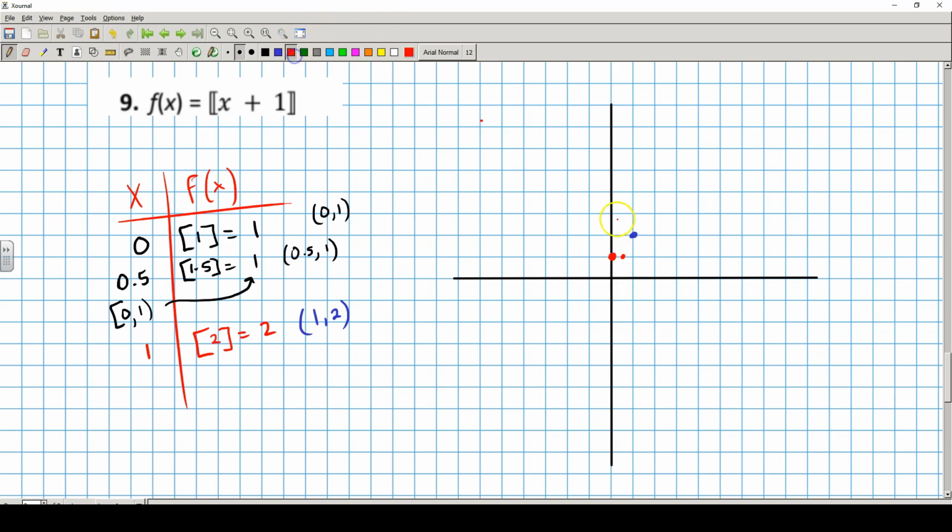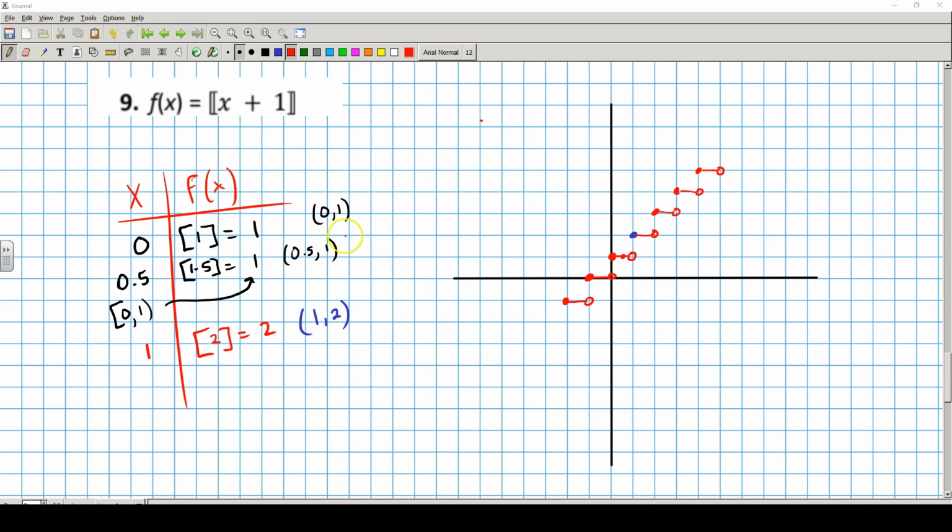And so my steps would start to simply go like this. I'd have an open circle right there because that's the boundary. And then this would go all the way to 2. You could keep plugging in values into your table, but once you know the pattern, it's going to keep doing the same thing, and it's going to go negative as well if you wanted to keep going.